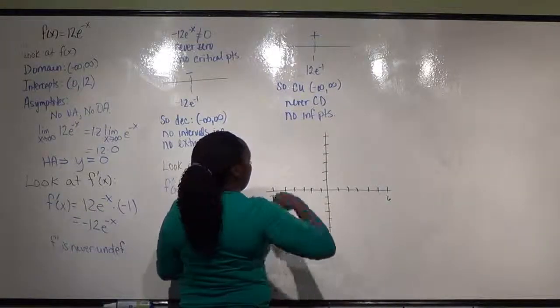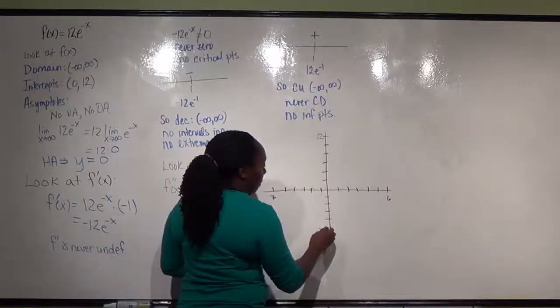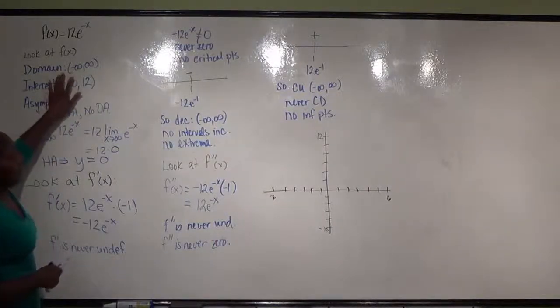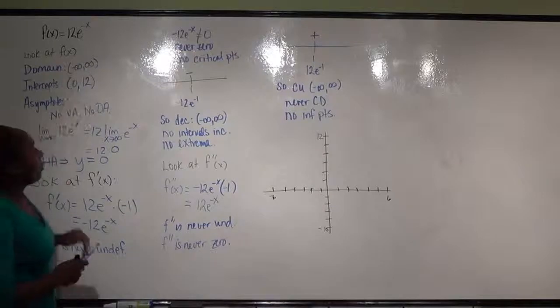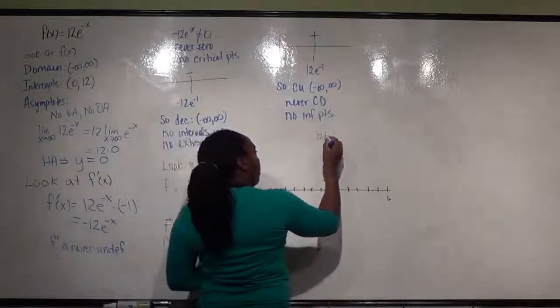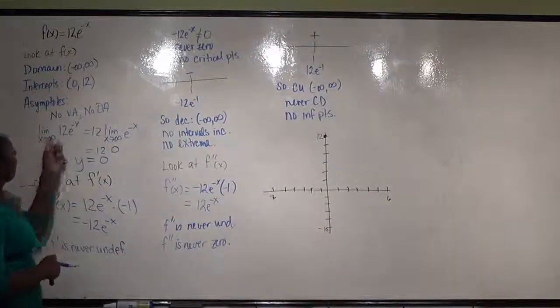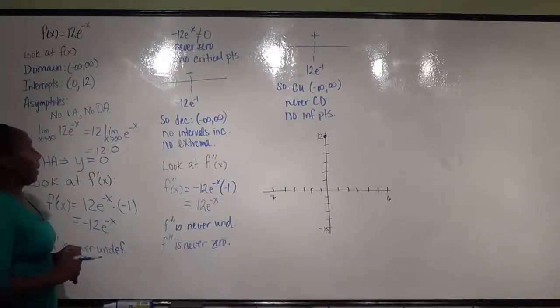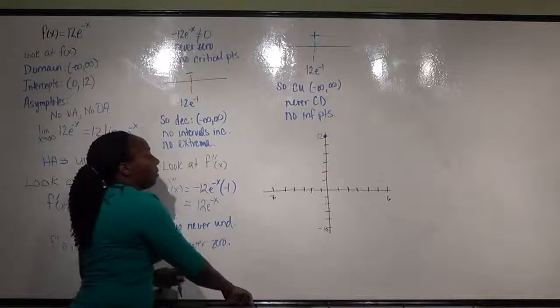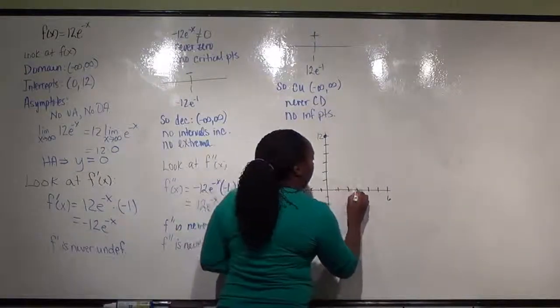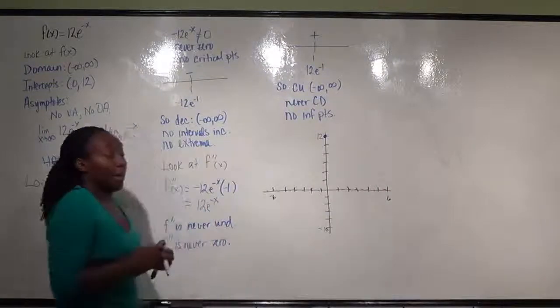So let's make this by 2's. Domain's all real numbers. Intercept, we have one up here at 12. So we'll make that kind of big. Let's see that. No vertical, no oblique asymptotes, but there is an asymptote here at y equals 0. So again, our y-axis, or sorry, x-axis.